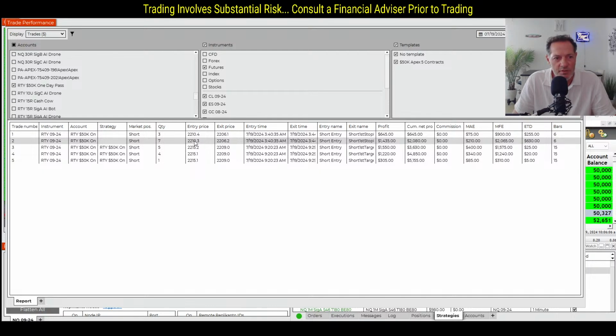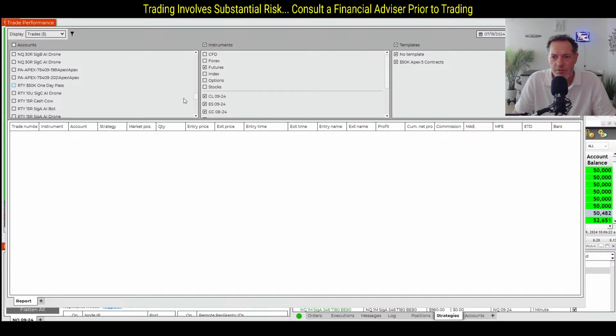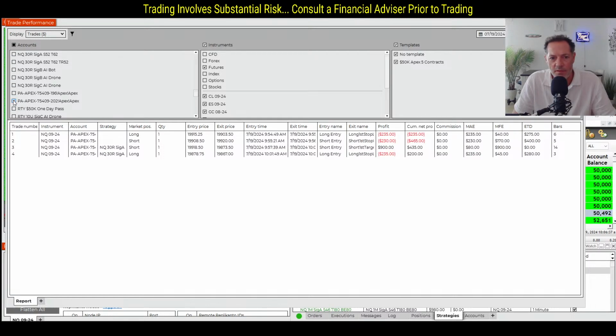Dan, what you'll notice when you go look at your entry prices, more than likely your sim account will show potentially different entry prices than your live account, than your Apex account. And the Apex accounts are also shown up here. So I took 1 trade on these. So your Apex accounts are shown here as well.